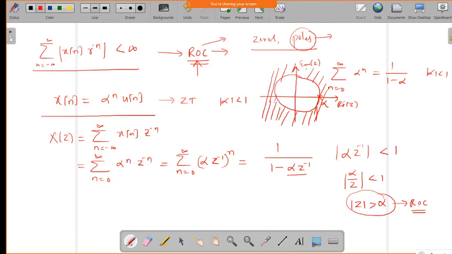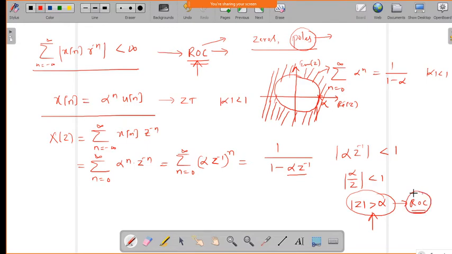The z transform exists only above the value of alpha; inside this, the z transform will not exist. It will not be absolutely summable within this area, and wherever it is greater than alpha, it has the z transform. That is called the region of convergence.